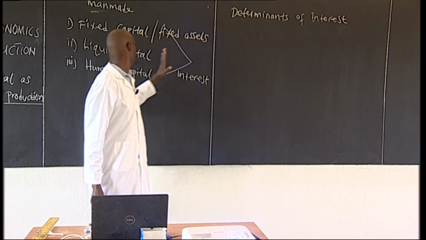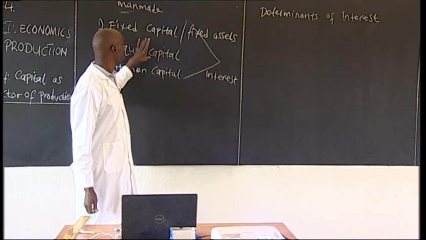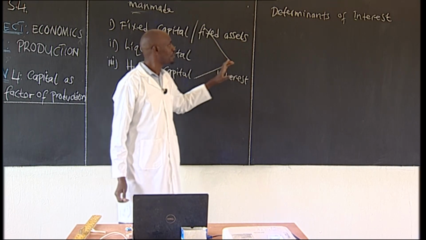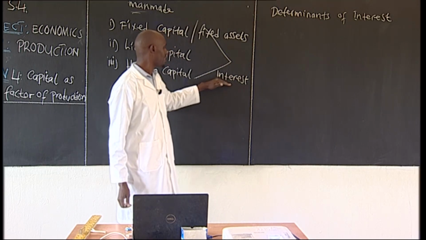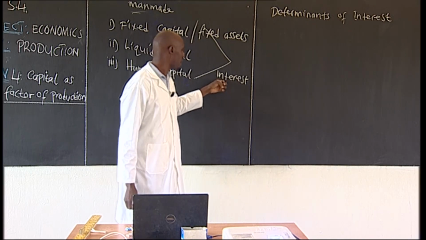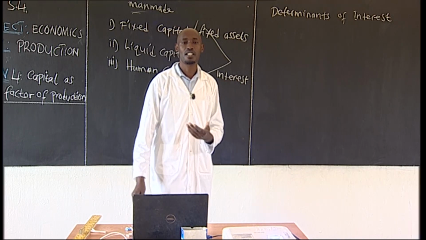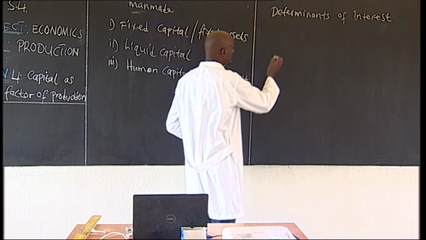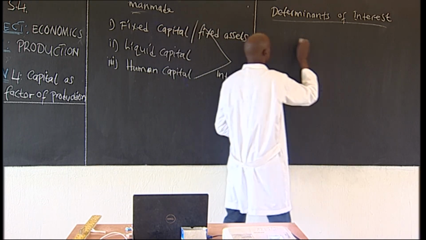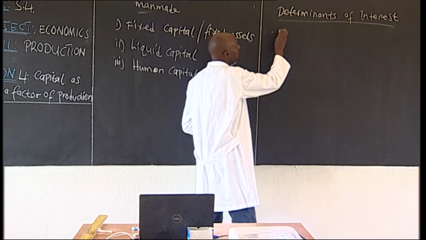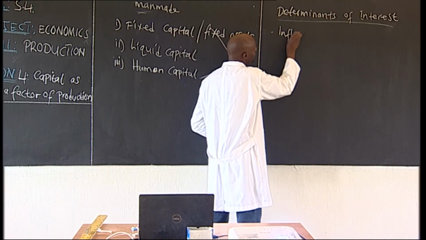Because you have seen, this is what we put in: fixed capital, liquid capital, human capital. Now, our reward is interest. How is this reward, interest, determined? Good. Now, the first one, we have inflation.